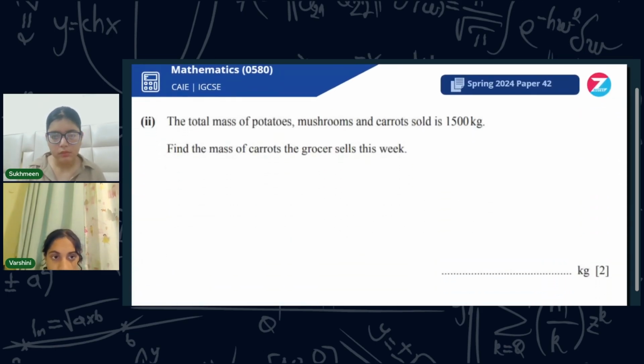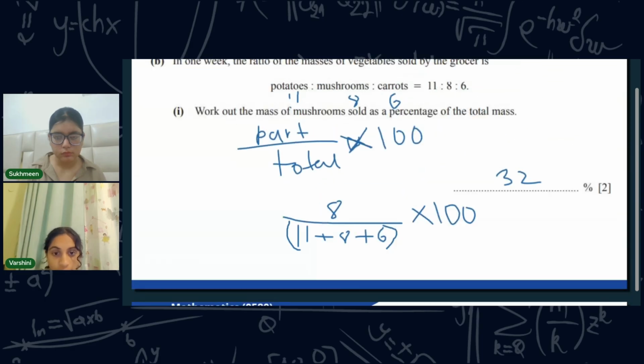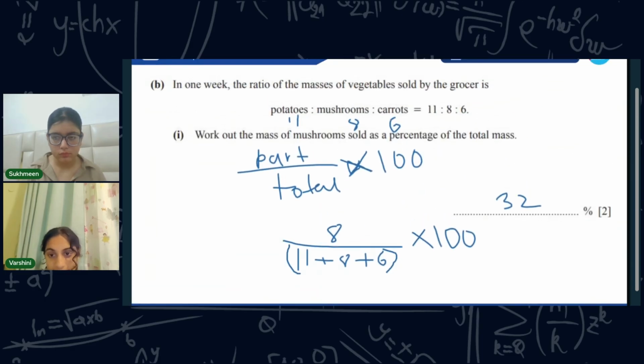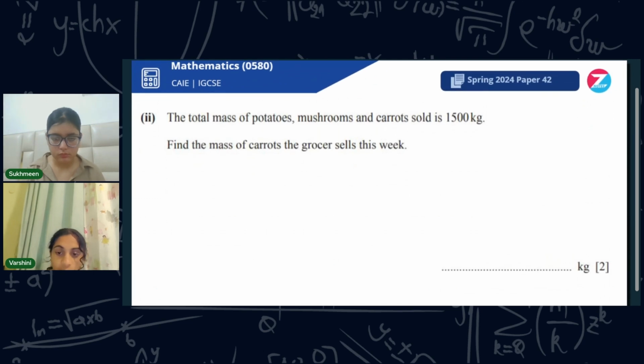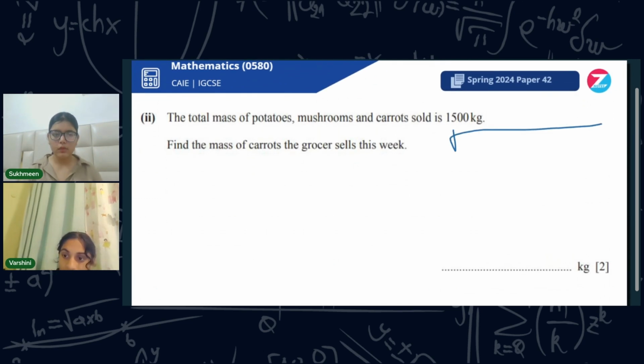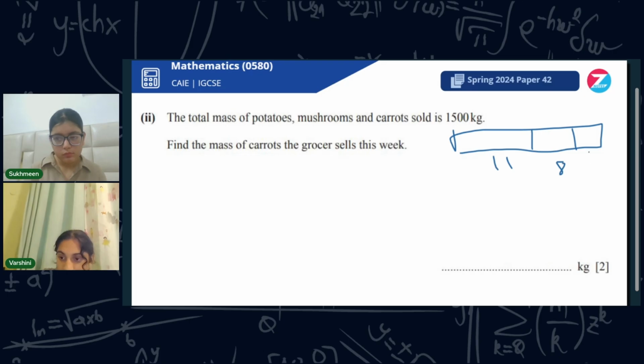Okay. The total mass of potatoes, mushrooms, and carrots sold is 1500 kgs. Find the mass of carrots the grocer sells this week. We know the total is 1500, and the total ratio is 11 plus 8 plus 6. As a fraction, it's 11, 8, and 6, and the total is 1500 kgs.